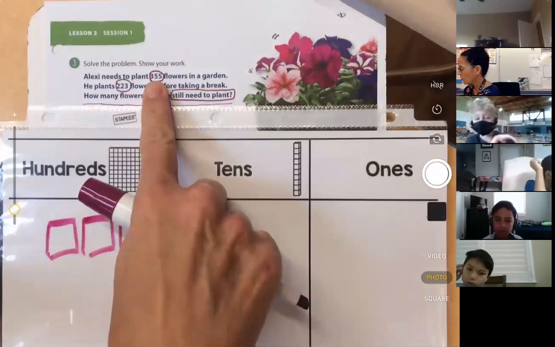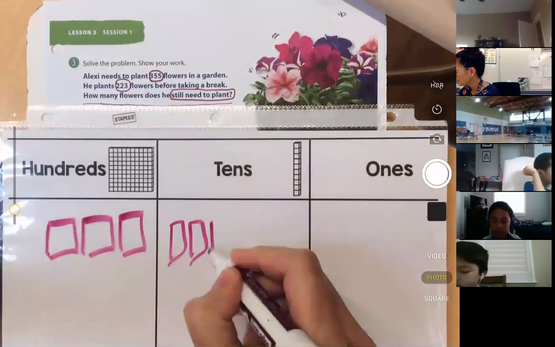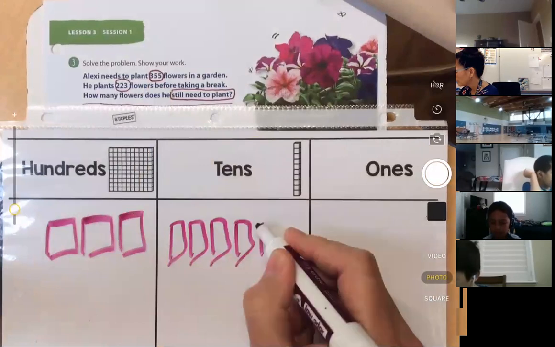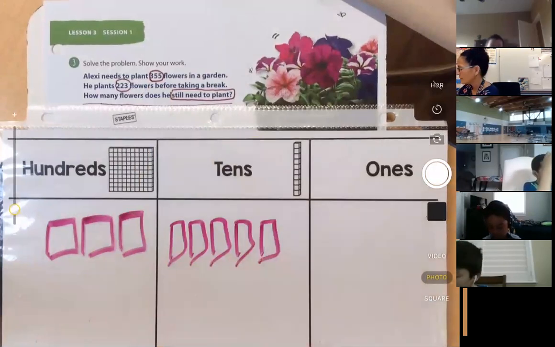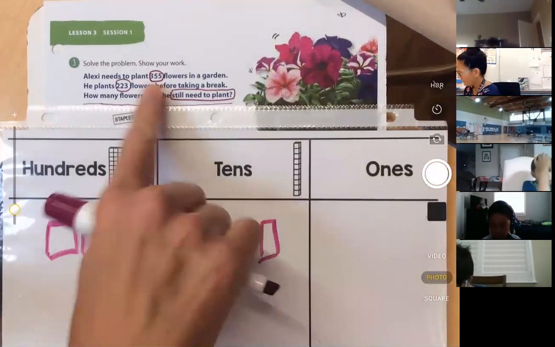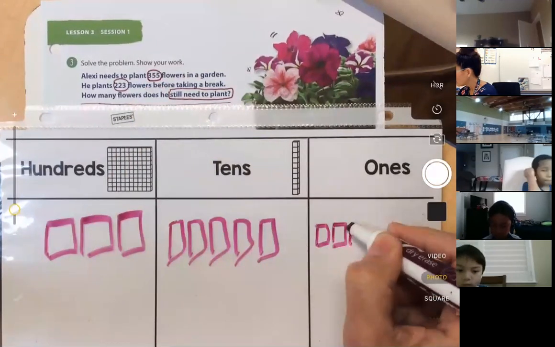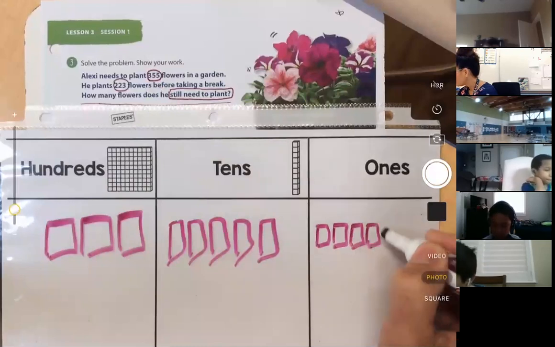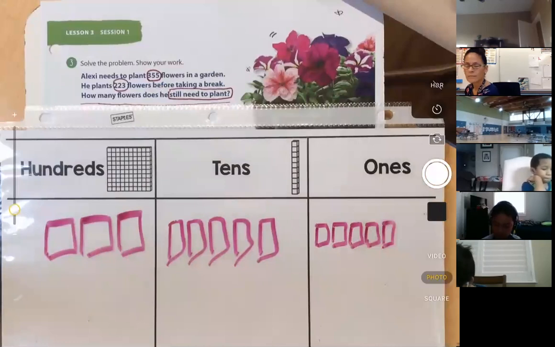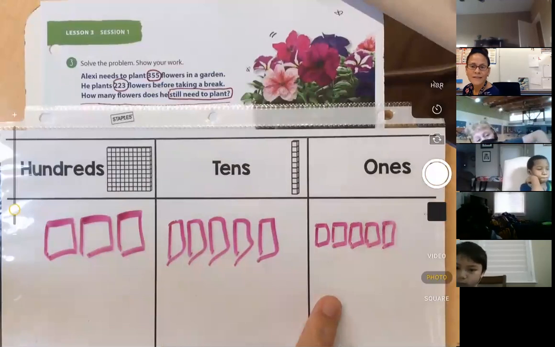I'm also going to have 5 tens. I have 5 tens in 355. And then I also have 5 ones. I'm sorry, 300s, 5 tens, 5 ones.